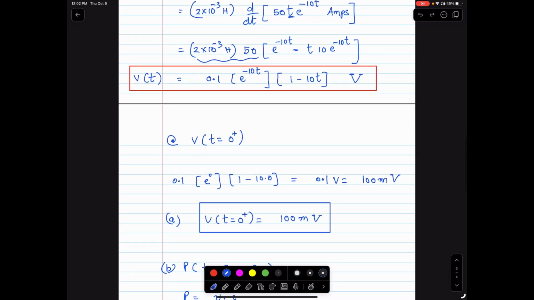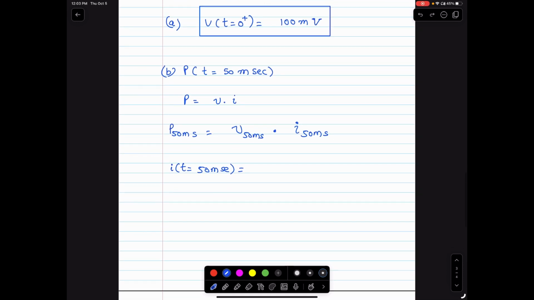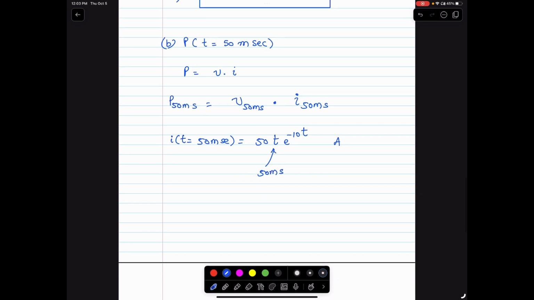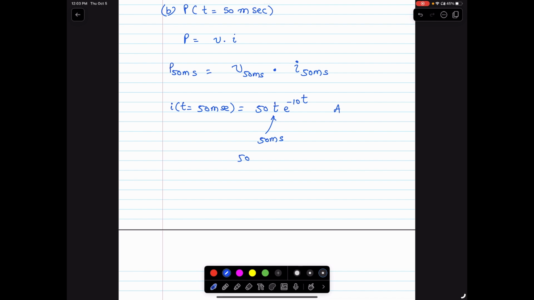Okay, so I'm going to plug in 50 t e to the minus 10 t amperes, and then into t I'm going to plug in 50 milliseconds. So what I get is 50 times 50 milliseconds times e to the minus 10 times 50 milliseconds.